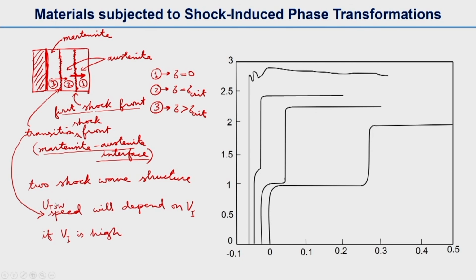So, for the first shock front we can write U shock wave, and here U transition shock wave, the speed of the transition front. As this speed increases, if Vi is very high, there will be only the transition shock front.